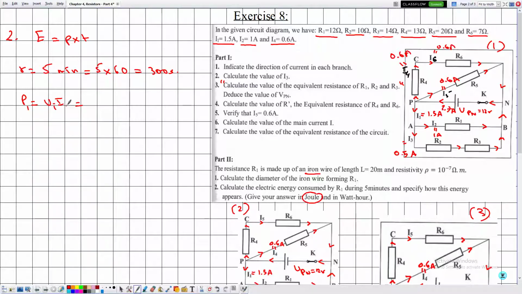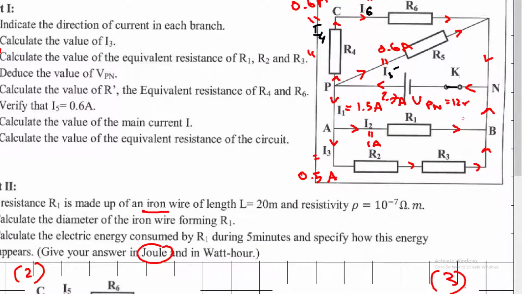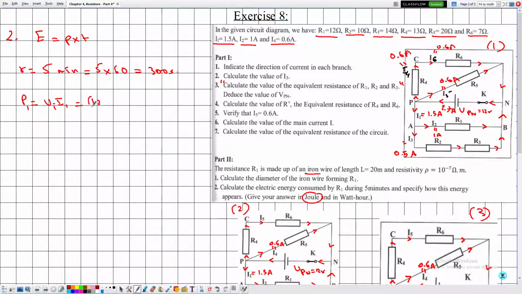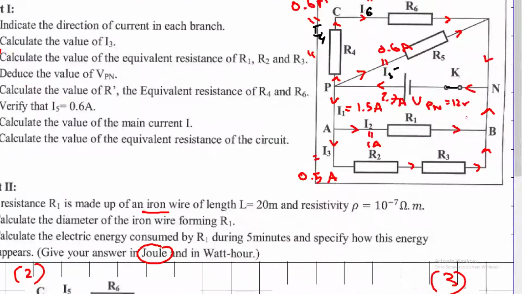R1 is in parallel with the battery, so it has a voltage of 12, and the current I2 traversing the resistor R1 is 1 ampere.